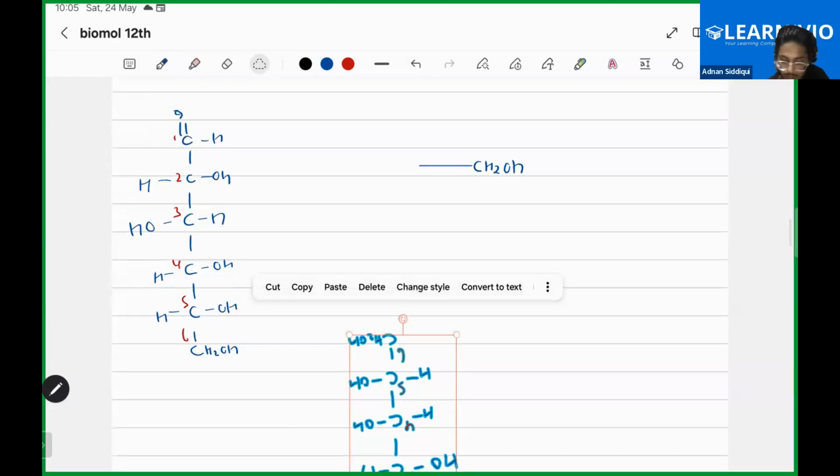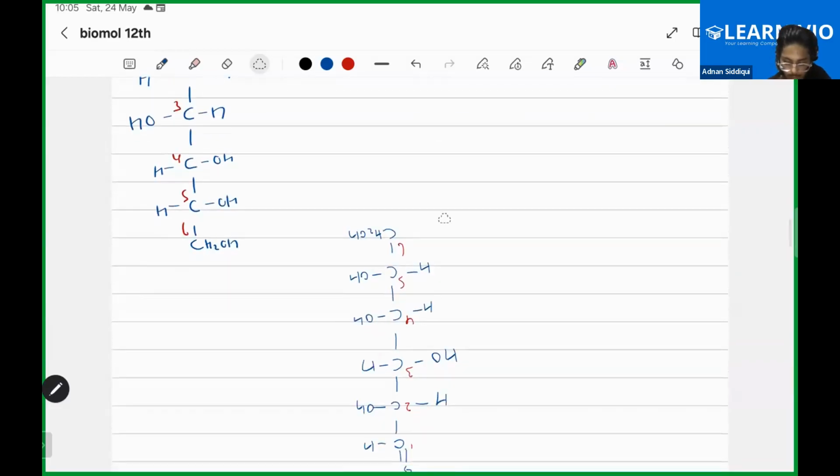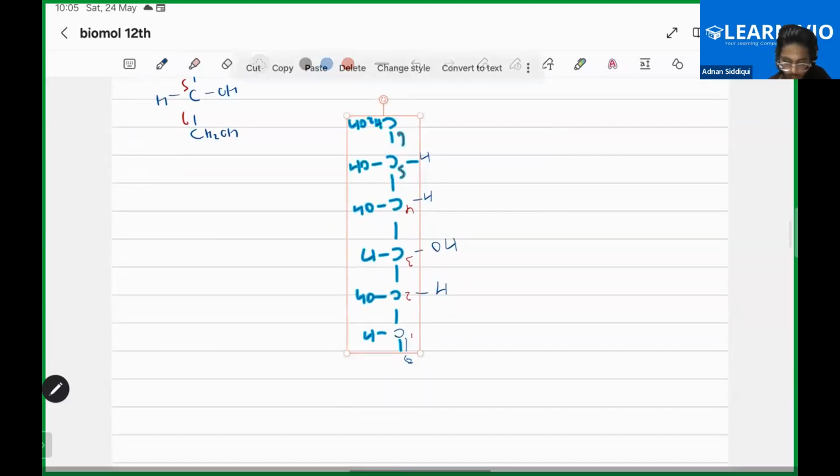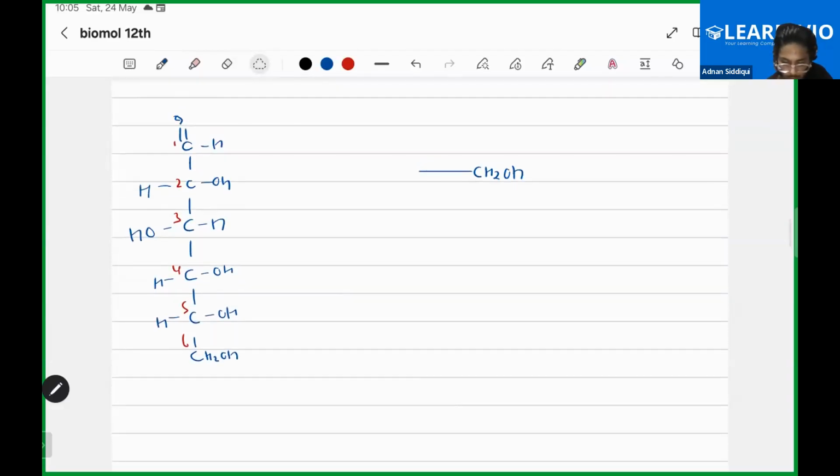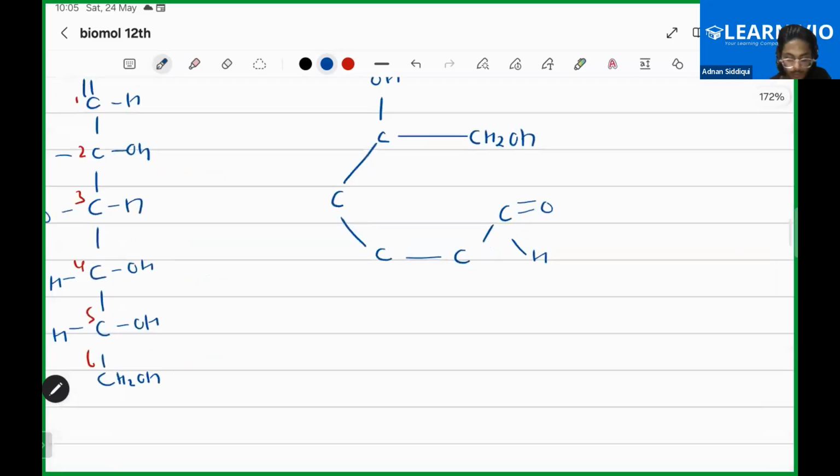Now this CH2 group is here. Next we have this CHO, then carbon, then again carbon, 1, 2, 3, 4, then 5, then 6. Here we have a double bond and then H. Try to understand.